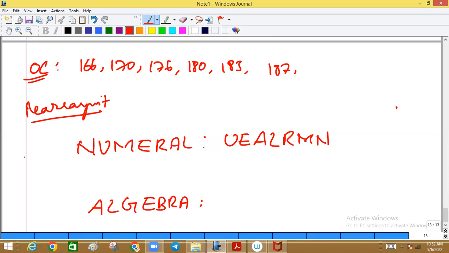This is question number 173 in the material. A rearrangement question directly.